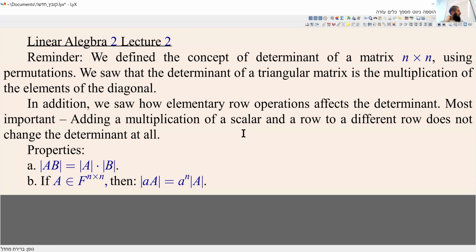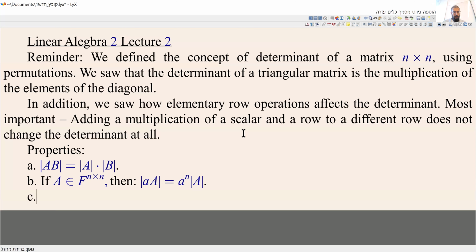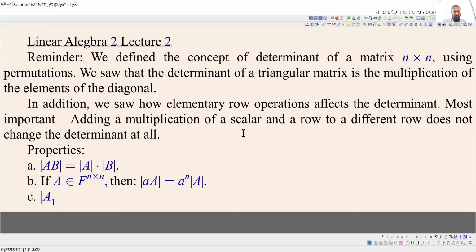If you have n rows, you multiply by a n times, which is a to the power of n. What else did we mention last week? I think that's all. Oh, generally speaking, the determinant of the multiplication of many matrices, not just two, is the multiplication of the determinants.